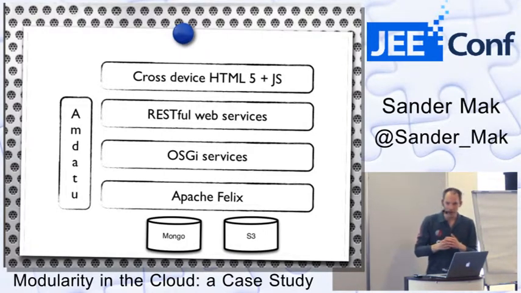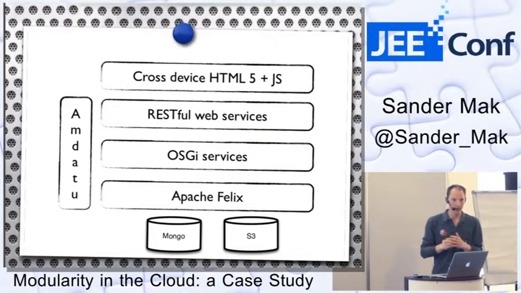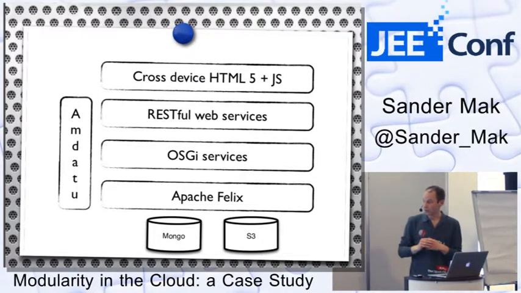It is. Andatu is an open source cloud innovation platform, we call it, and it actually contains some technical building blocks that you can use in building OSGi-based enterprise and web applications. I'll get to Andatu a bit later.